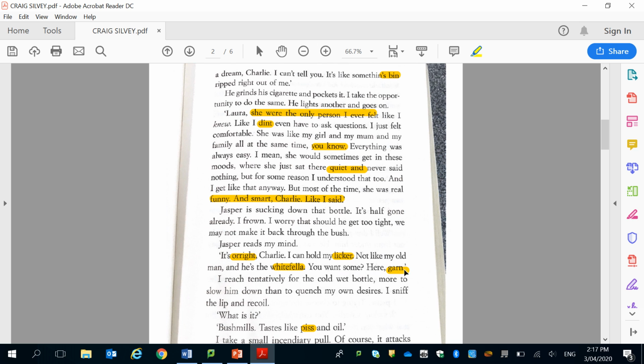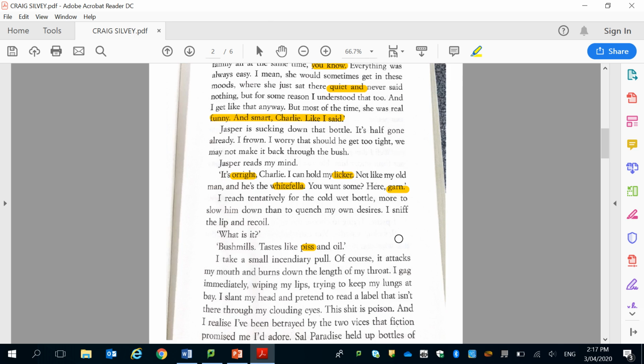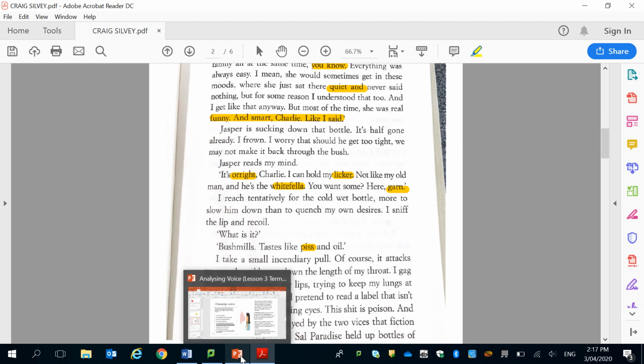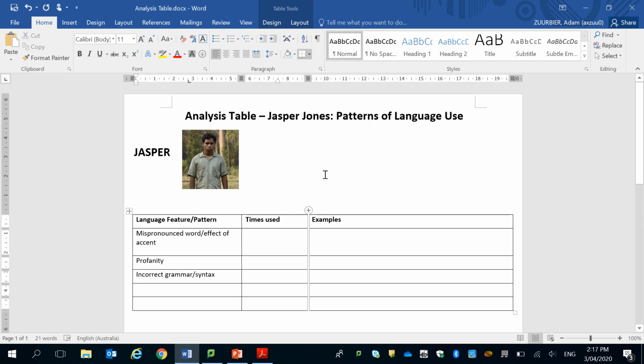And let's just do this page. We've got 6 on these first 2 pages, 6 mispronounced words. Go back here. So just put in there 6. And "bin", a couple of examples in there. Alright.